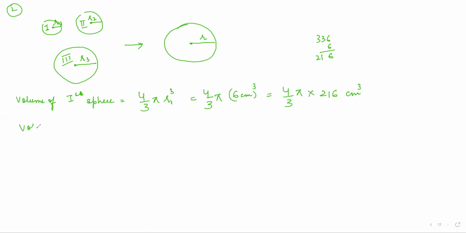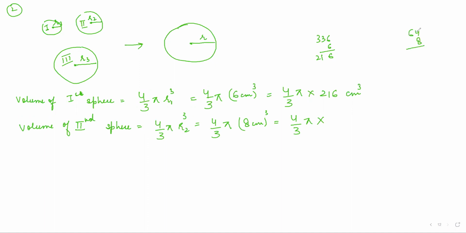Now similarly, volume of second sphere is 4/3 pi r2 cube. R2 is how much? 8. So 8 centimeter whole cube. That is 4/3 pi into 8 into 8 is 64, and 64 into 8, 512 centimeter cube. 6 into 8 is 48, and 3, yeah, 512.